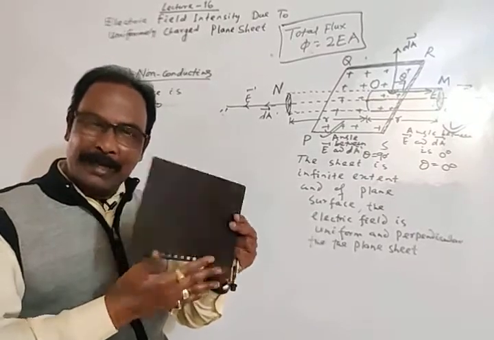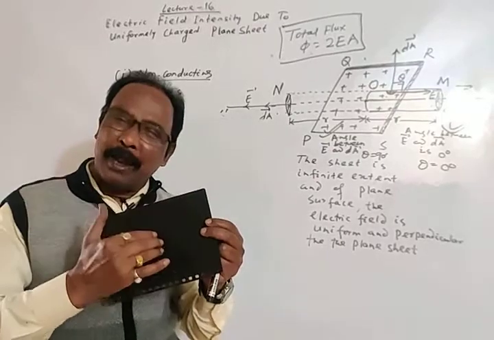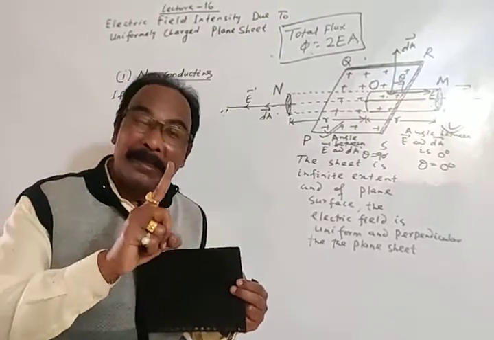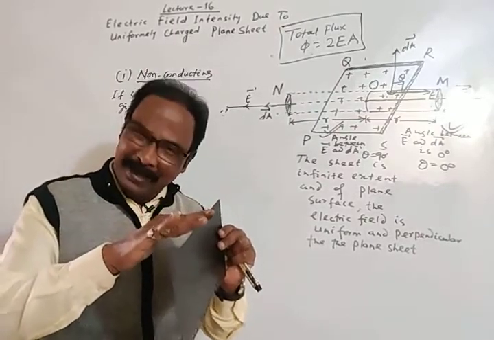This is one surface area and this is also another surface area. So we will give charge to the surface. Charge can't be injected inside because the thickness is considered to be very small.